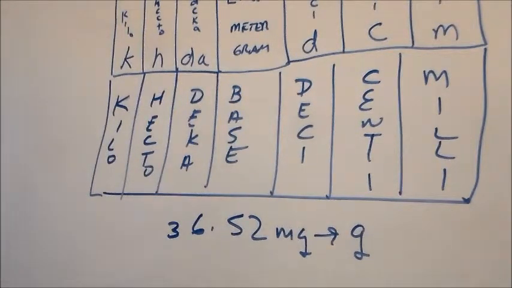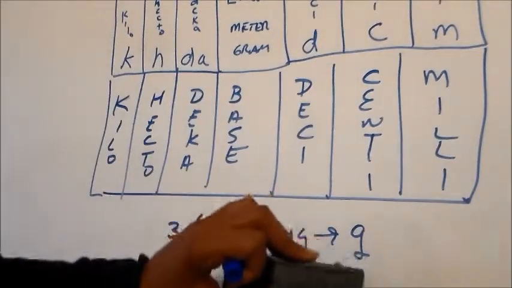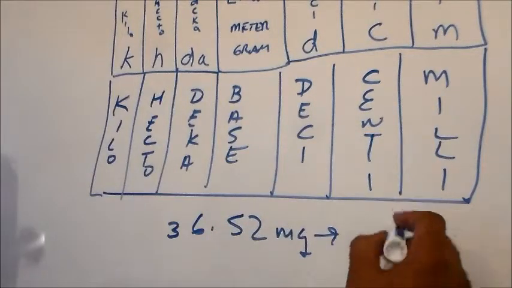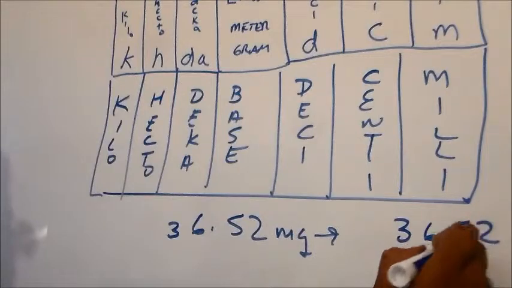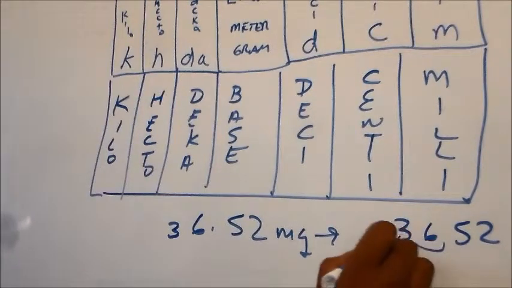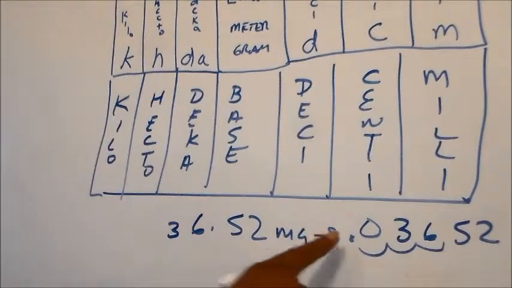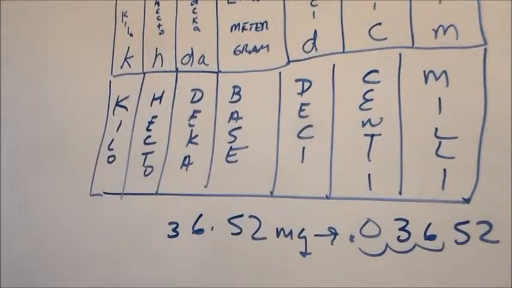So if the decimal moves 1, 2, 3 spaces from milligrams to grams, I'm just gonna use a little real estate over here. 3, 6, 5, 2. Now this is where the decimal is. So 1, 2, 3. So now our answer becomes 0.03652.